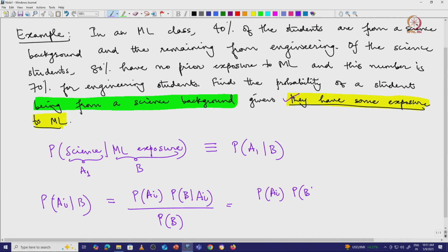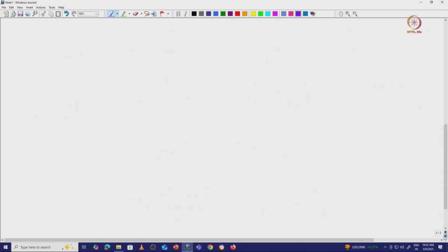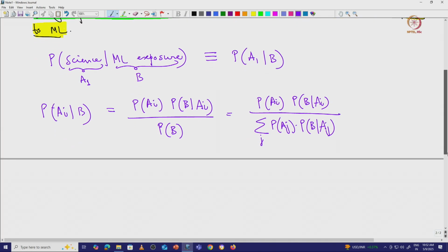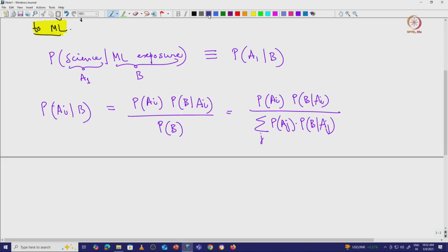So, this can be written as a summation over all possible mutually exclusive and exhaustive events, P of Aj times P of B given Aj. So, this is how we will approach the problem. Okay, so let us move on with this knowledge.